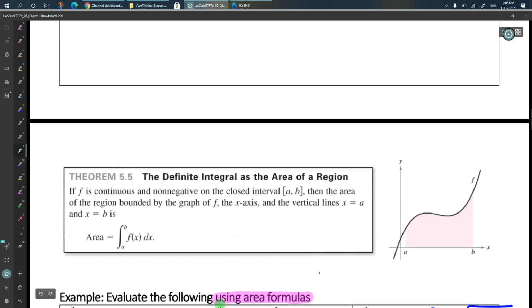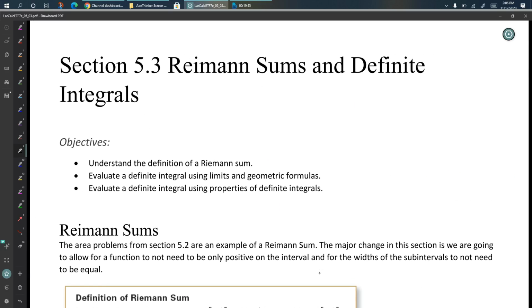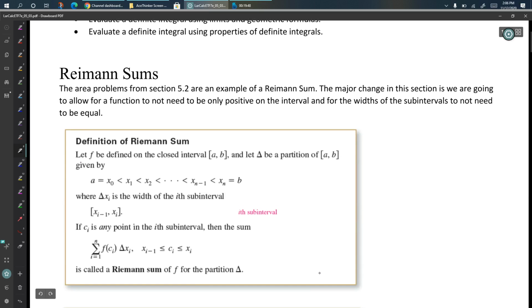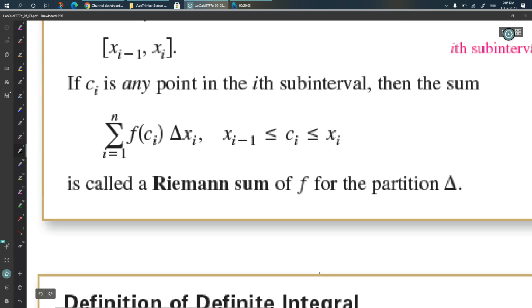Review really quickly, because 5.3 is a big one. In 5.3, we took a look at the idea of a Riemann sum. All a Riemann sum was, was the area problems from section 5.2, but we said the function doesn't have to be positive. It could be above the x-axis, or it could be below the x-axis. Divide it up.